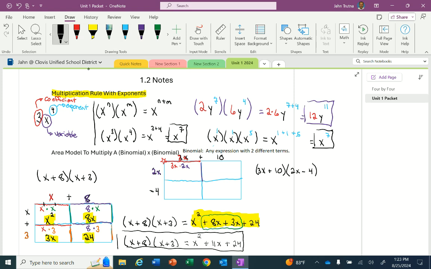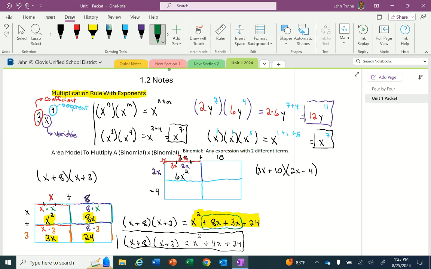Now remember, each one of those x's has an exponent of 1. So we're going to apply the multiplication rule. Here we have these coefficients, the numbers in front of the x's, the 2 and the 3. So you multiply those. 2 times 3 is 6. We have an x, and then we add the 1 and the 1 up. So that top left rectangle becomes 6x to the second power.